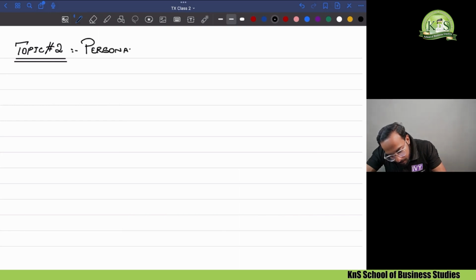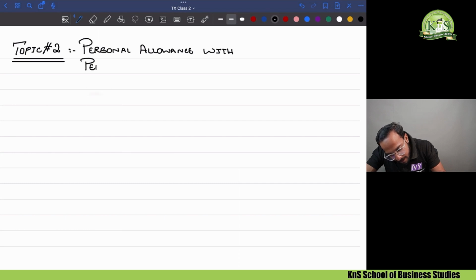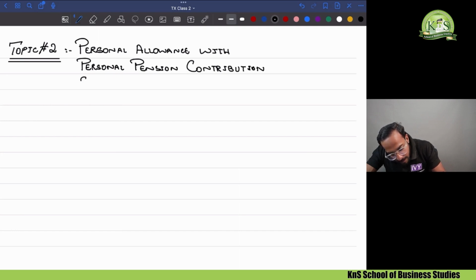Topic number 2: Personal allowance with personal pension contribution and gift aid donation.